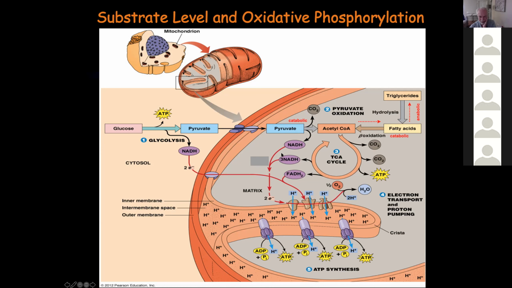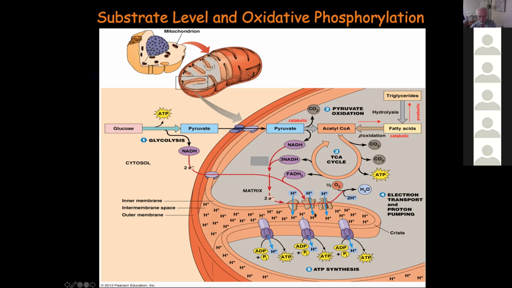And it's this reducing power that enters then the electron transport chain, which is in the inner mitochondrial membrane. We've gone over this several times, so I won't belabor it. But what happens is electrons are passed along, protons are pumped from the matrix to the inner membrane space.